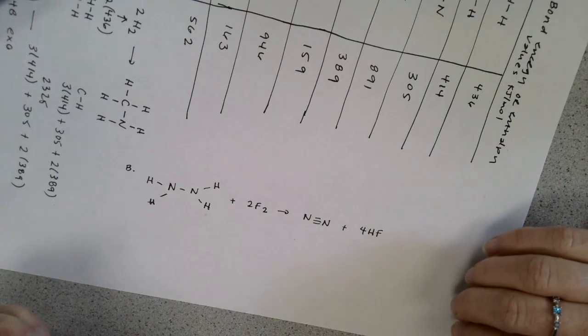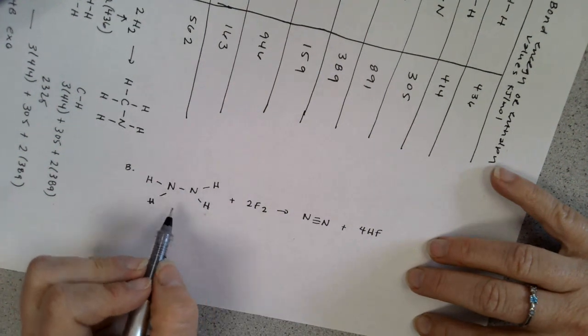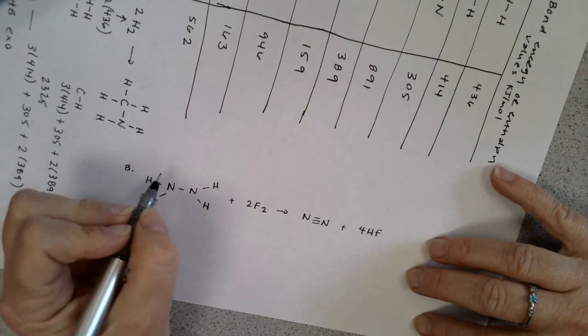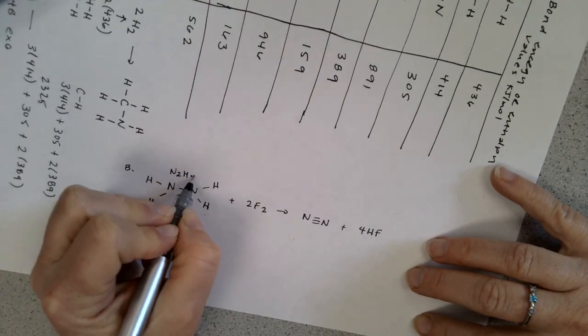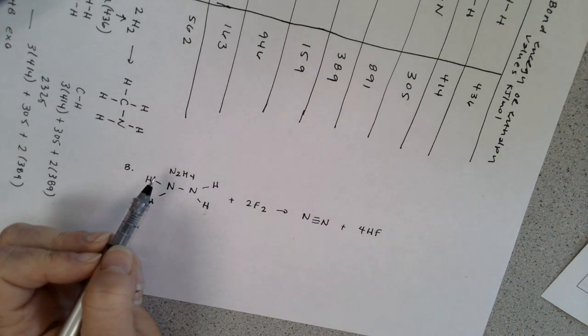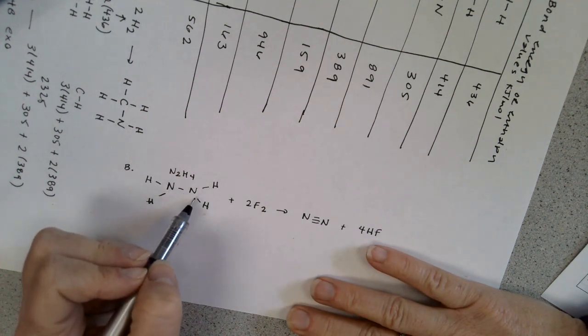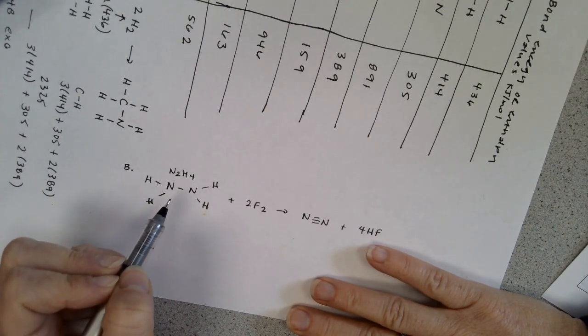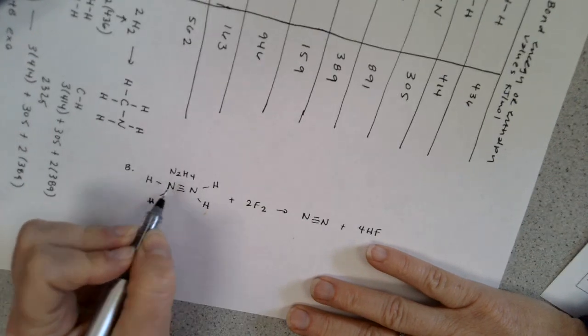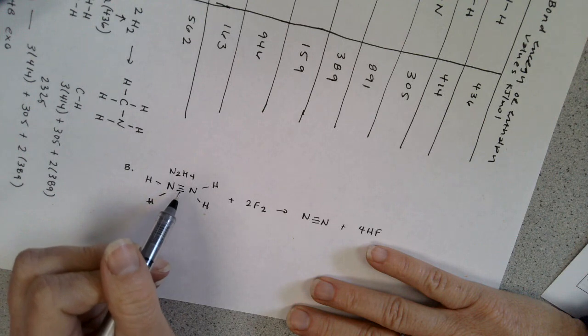Okay, let's do this next one really quick. By the way, if the formulas aren't drawn out like this, like if this just said N2H4, it would be to your advantage to draw it out. In this case, it doesn't have a double bond, but let's see, this would be 10, 12, 14. 2, 4, 6, 8, 10, 12, 14.